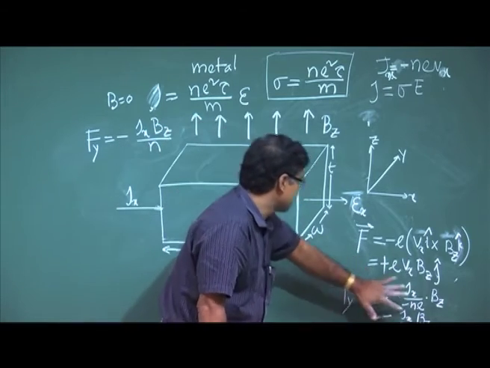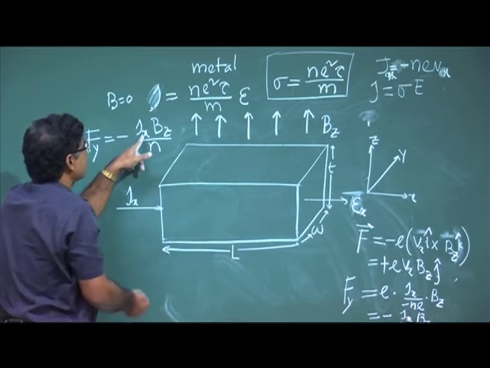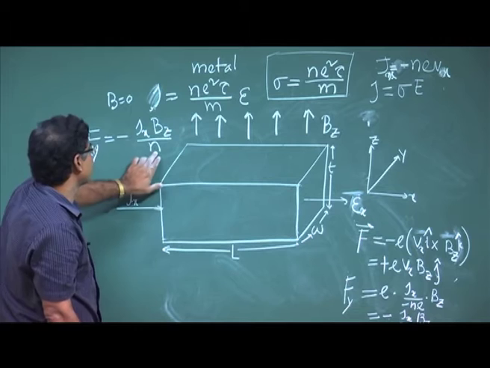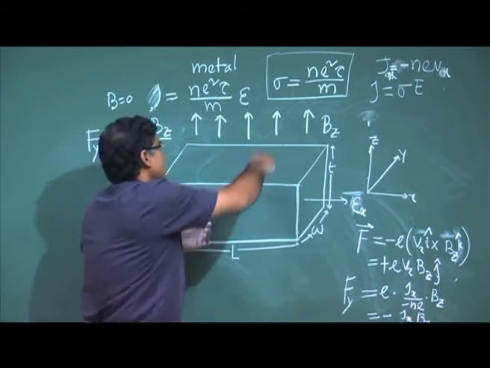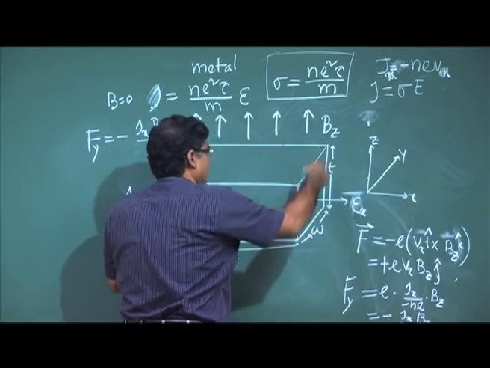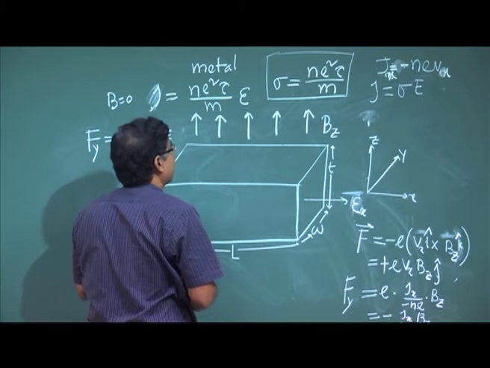But it is better to replace it in terms of our known directions. This is the positive direction, z is the positive direction, and the density is of course positive. So, the minus sign is telling us this force is acting just opposite, along the negative direction of the y axis.